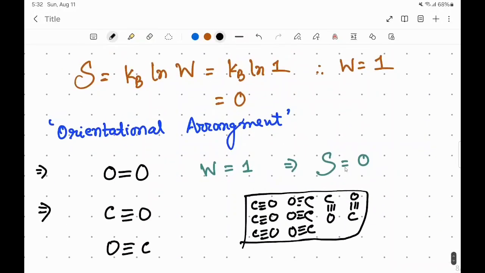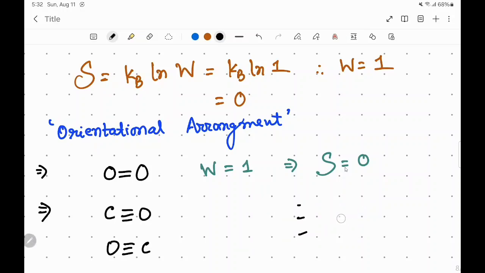Okay, you are saying this case. But this is not an orientation. Why? You have to think spatially. Let me just consider this CO. In that case, you are changing the molecule.